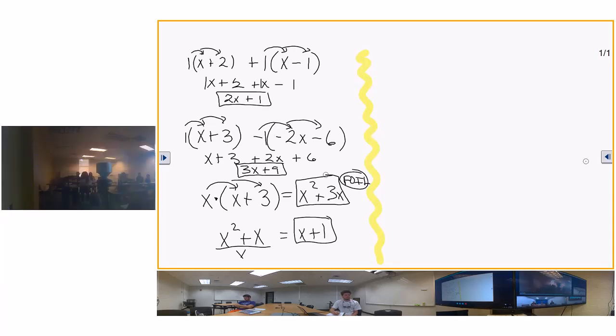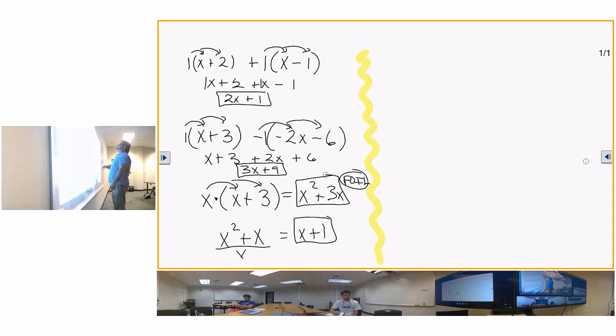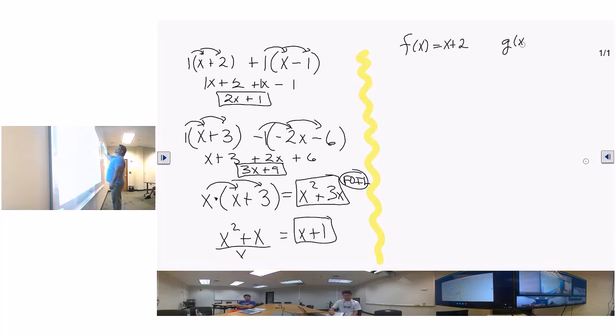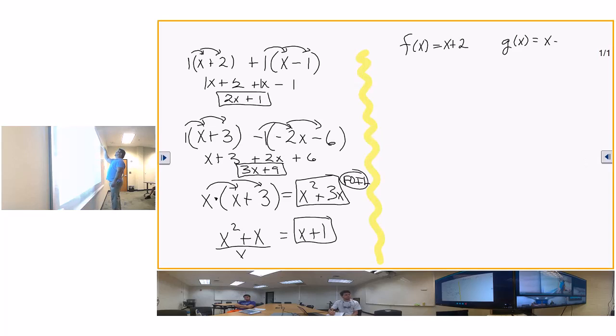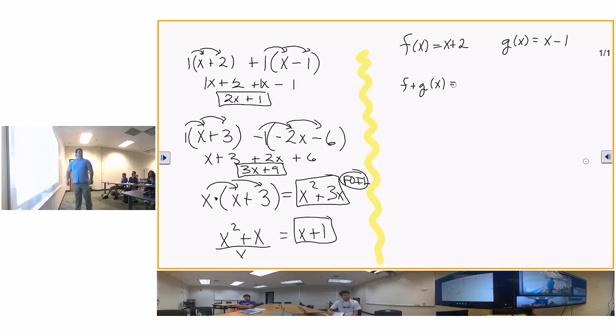Well, now, that's redneck stuff, okay? You can't do it like that anymore because you're not sophisticated. Now, you do this. f of x is equal to x plus 2, and g of x is equal to x minus 1, and I would like for you to give me f plus g of x. Oh, yeah.